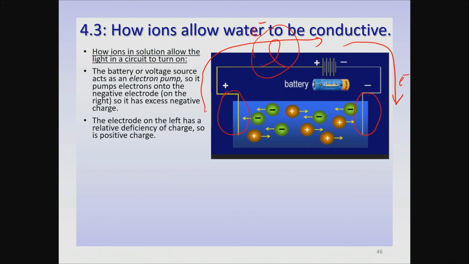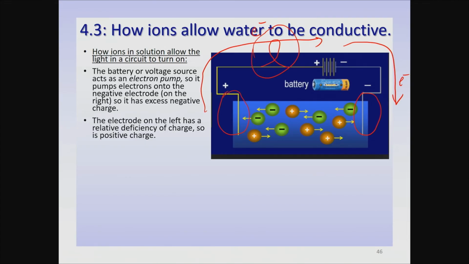Right now, there is going to be no circulation of electrons in the system once you have loaded your electrode on the right with electrons and you have removed electrons from the electrode on the left. You're going to get no circulation of electrons through this system.